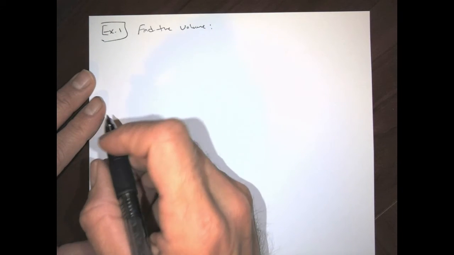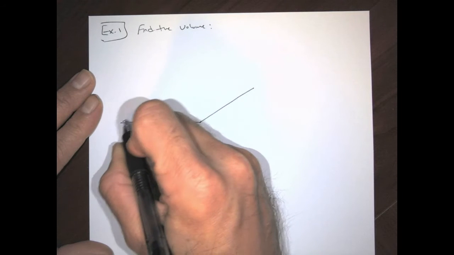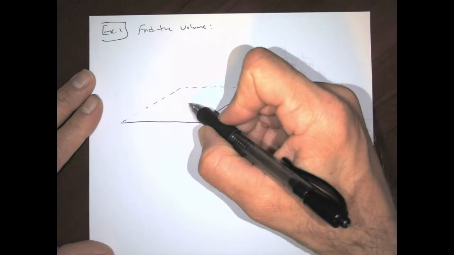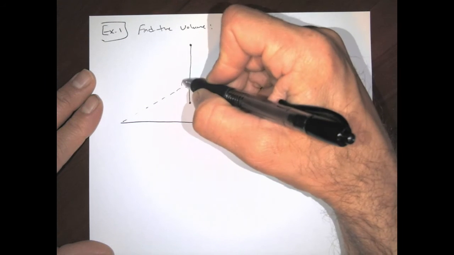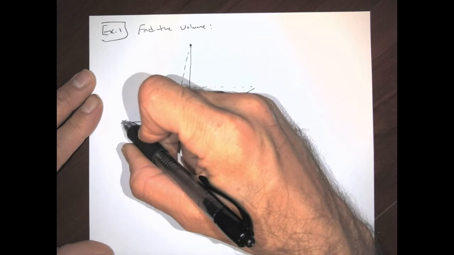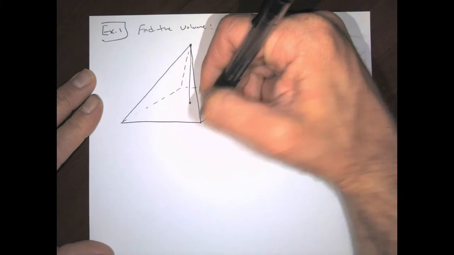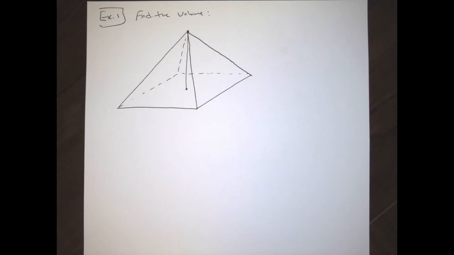I'd like you to make a very fat square. Take that center. Go up. Not bad for freehanding this.